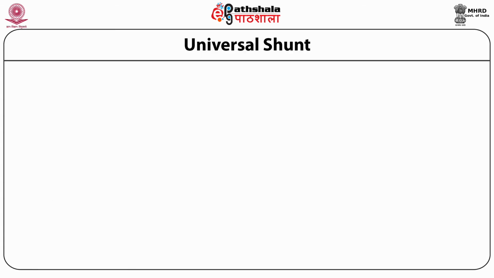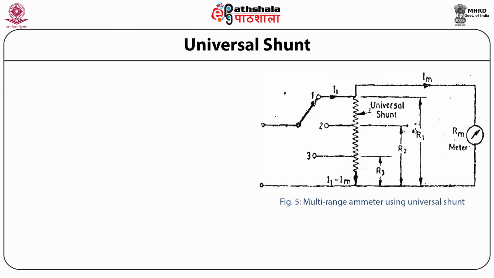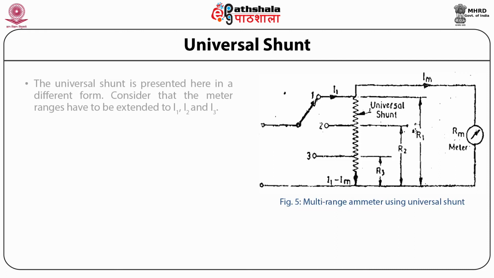Now, let us consider the universal shunt. Figure 5 shows the multi-range ammeter using a universal shunt. The universal shunt is presented here in a different form.